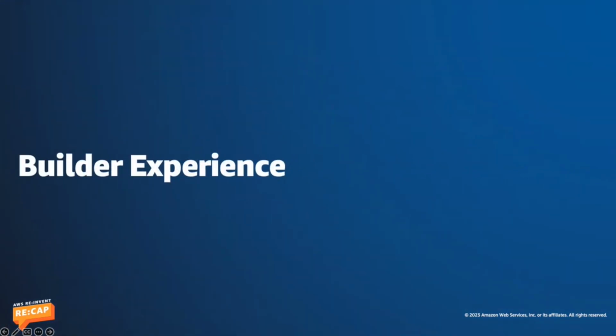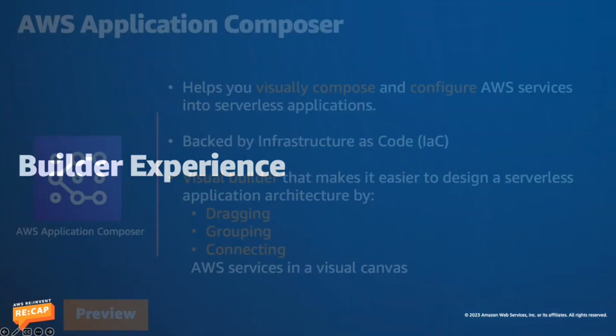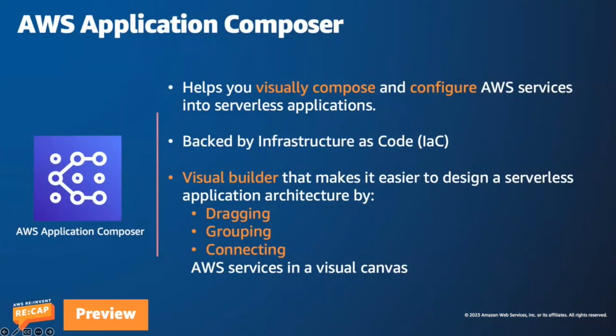First thing that I wanted to cover are the launches that help builders create and develop on top of AWS. The first one is the AWS Application Composer, which is a service that helps you visualize, compose, and set up AWS services into serverless applications.